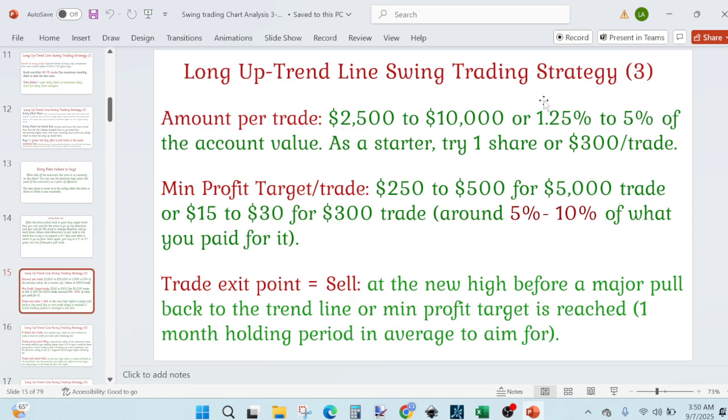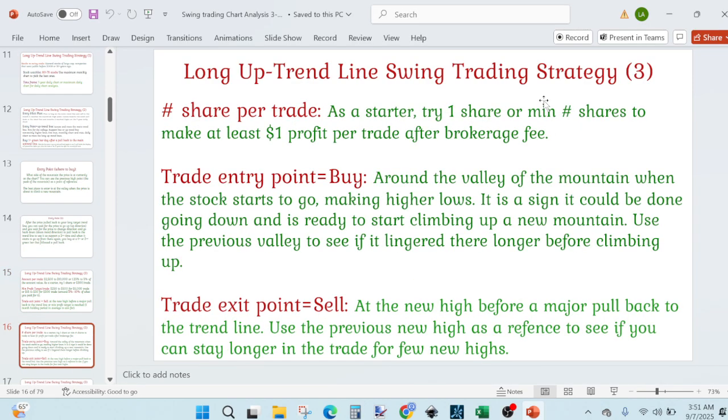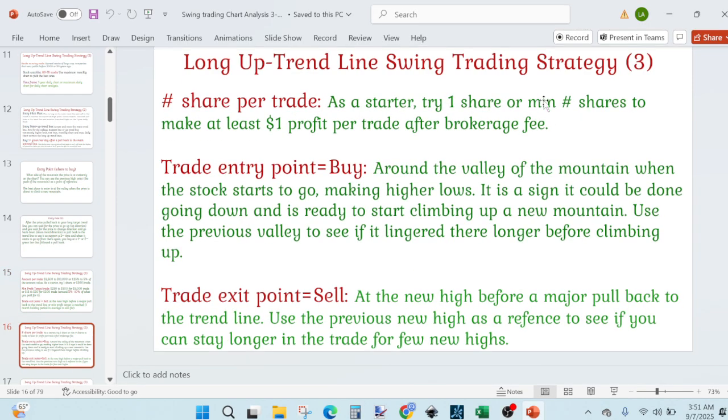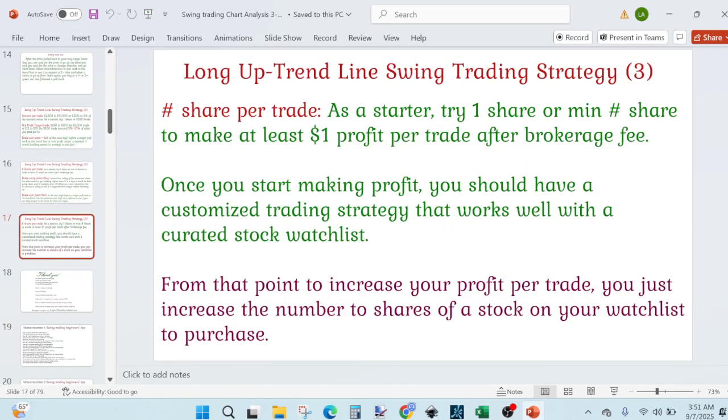Does that make sense? So you start small, and once you know that the strategy you chose is working for you, to increase your profit, you just increase the number of shares you are buying for each one of those stocks.